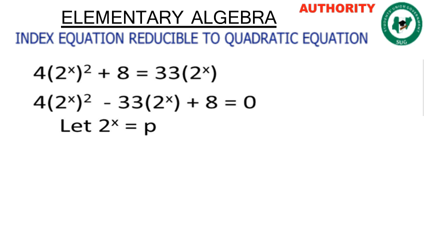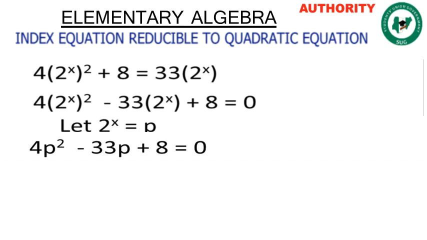Now let's see how it will look like. We will have 4p squared minus 33p plus 8 is equal to 0.